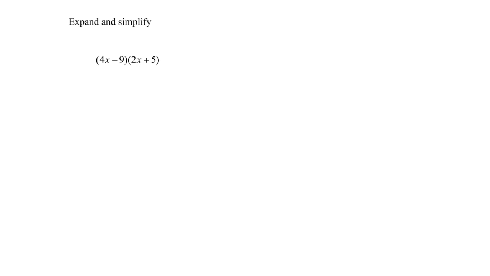Hello everyone, welcome to this part of the question where we are required to expand and simplify this. A bracket multiplied by a bracket. So this is what I would do. I can then multiply the terms individually. This will be 8x to the power 2. 4x times 5 will be positive 20x.